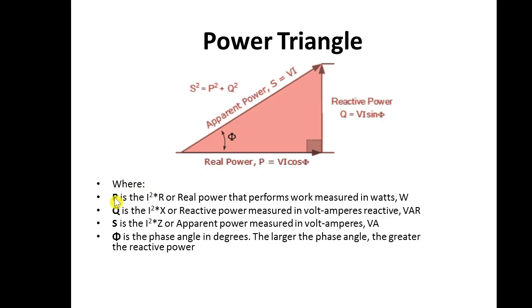Okay, then another formula for P is I square R, current square into R, and its unit is watt.